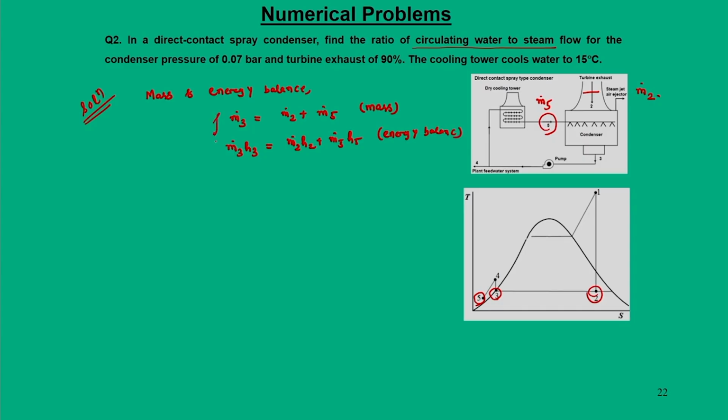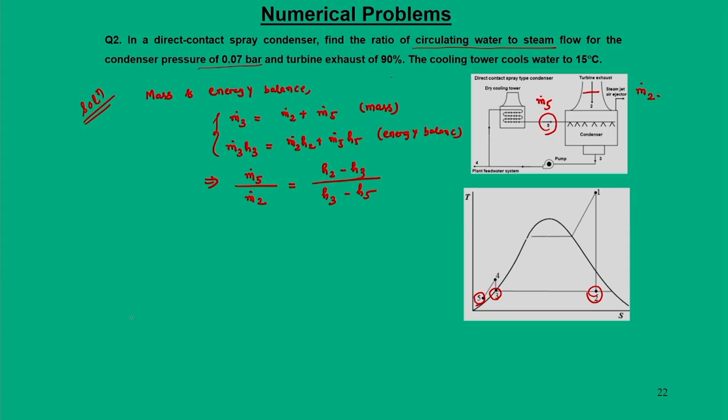These two equations will give you a ratio, m dot 5 by m dot 2, that is H2 minus H3 divided by H3 minus H5.